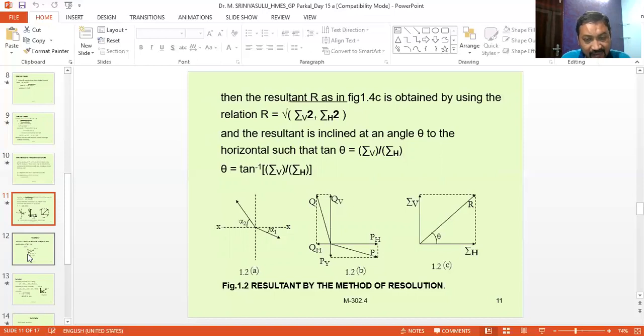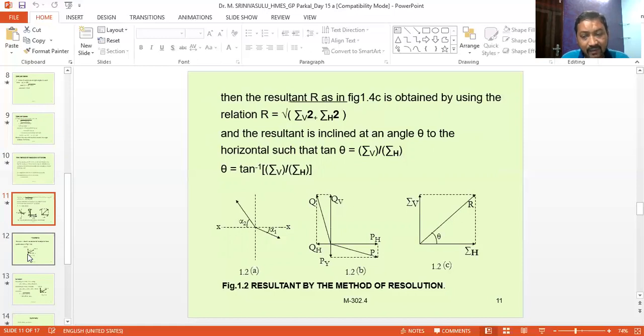Here PH is acting rightward, in the positive x direction, so it is taken as a positive value. And PV is acting downwards, and PV is P sin alpha 1, but it is acting downwards, in the negative y direction, so the sign is negative, that is minus PV.